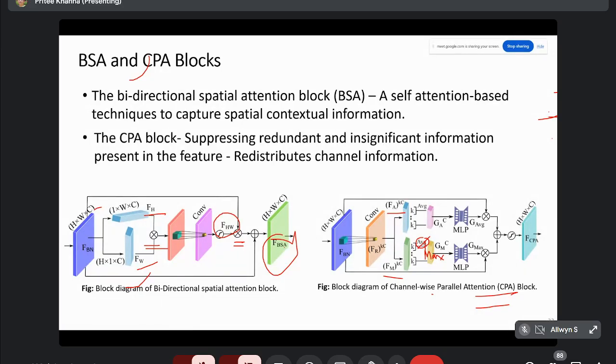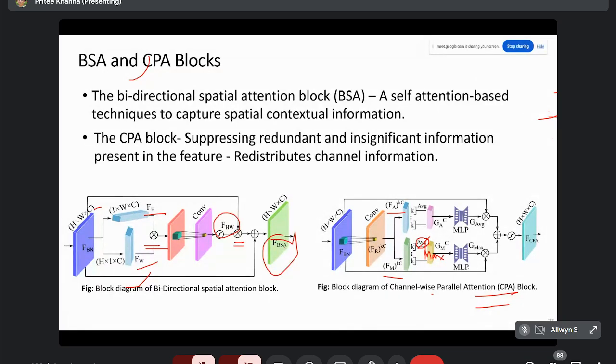Here the first layer uses C by 64 units, and the second layer uses C units, right? And this MLP generates the excitation weights, and each of these weight vectors is then channel-wise multiplied with the input feature maps, followed by an element-wise addition operation. So we are getting the refined channel-wise feature maps, which are produced by applying the sigmoid activation function.